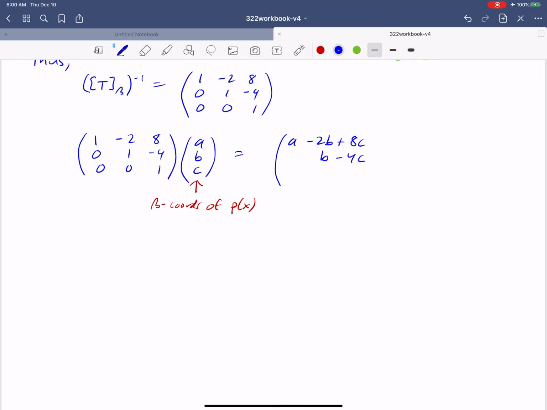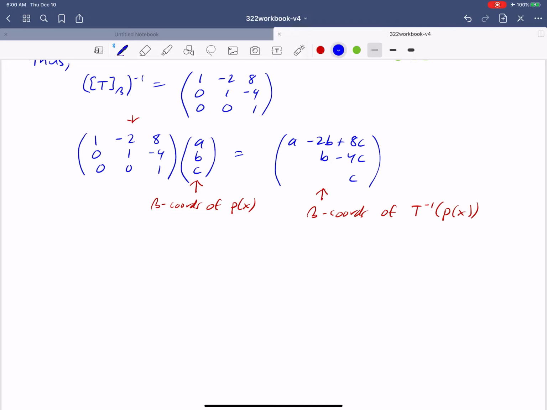And then finally the very last one is just going to give us a C. What pops out here are beta coordinates of not P of x, but the inverse of P of x, T inverse of P of x, because after all, remember what this matrix does. It's a matrix for the inverse transformation. So what should come out are coordinates for the output of this inverse function.